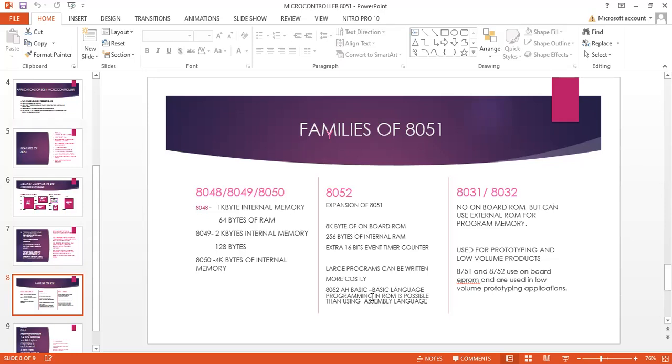Then these microcontrollers are low cost products and they are very popular. They are used in low cost products, therefore cost wise it is very effective. Then 8031, 8032, if you see, right? These do not have the onboard internal ROM. So externally you can use the ROM for the program memory.